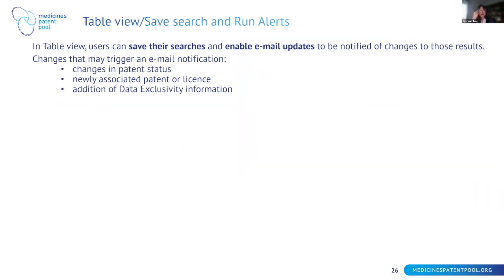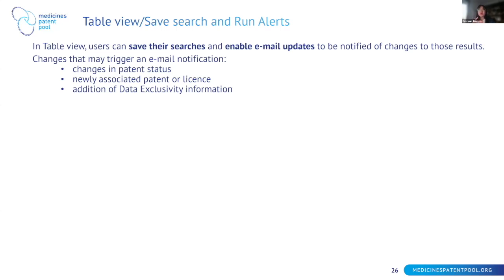And now here is something I really need to highlight, which is one of the key new functions: the save search. Now, as MedsPaL users, you can save the search you made, and also you can choose to enable the email notification.